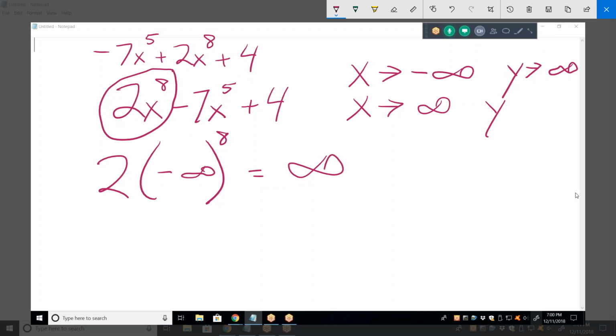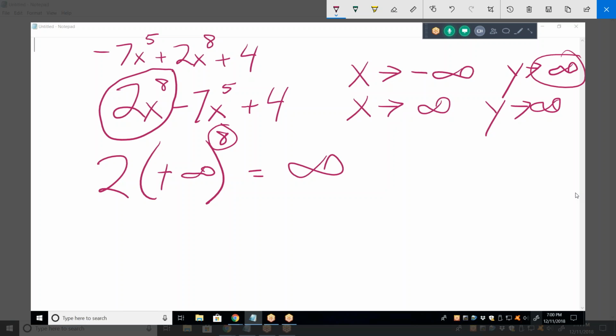What does y do? Y goes to positive infinity. It really has to do with whether that's an odd or an even number. If it's an even number, then the left-hand end behavior is always positive infinity. If it's an odd number, the left-hand end behavior is always negative infinity.